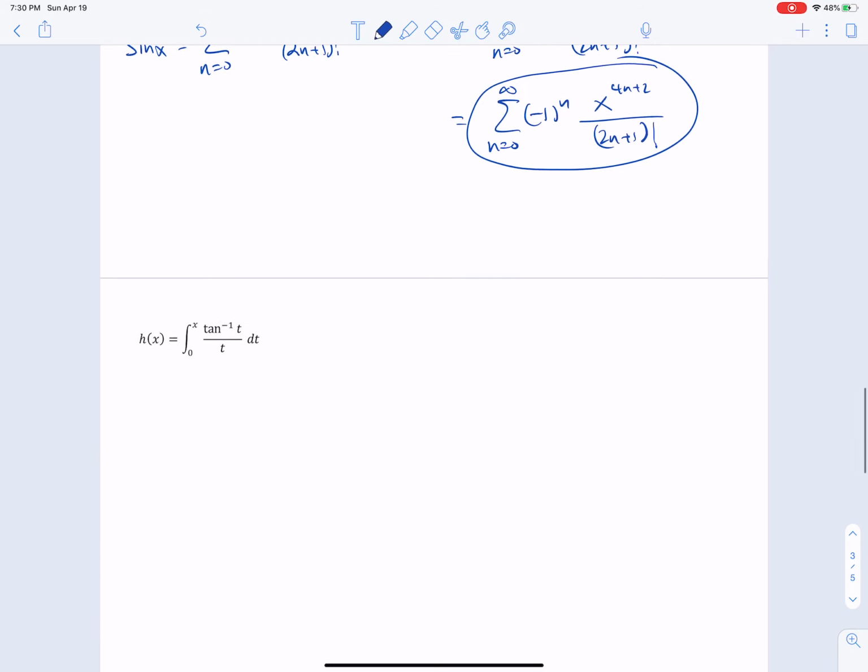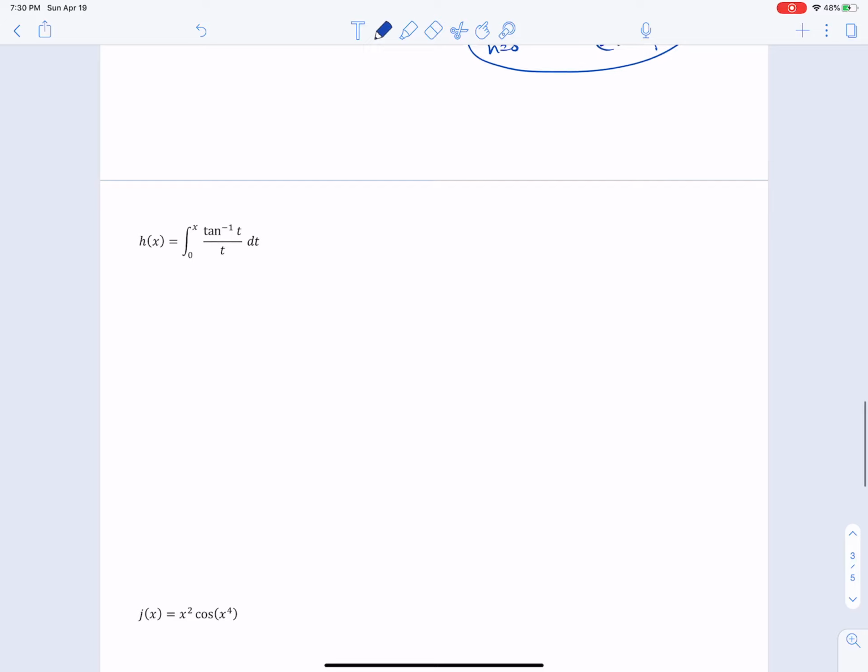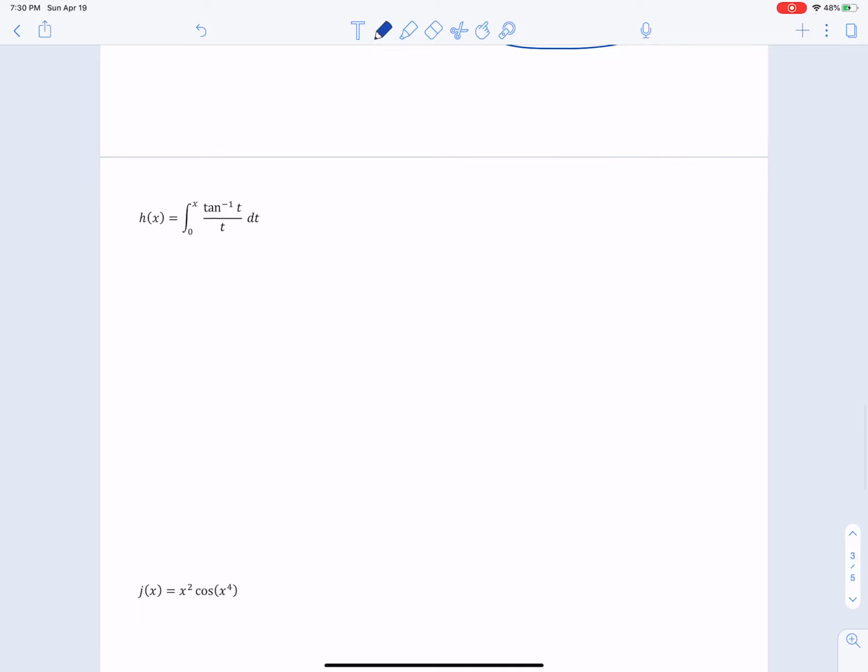Next one's a little bit more involved. We want to find a Maclaurin series for the integral from 0 to x of tan inverse of t over t dt. So we start again with our building block. Tan inverse of t is going to be summation n equals 0 to infinity, minus 1 to the n, t to the 2n plus 1 over 2n plus 1.